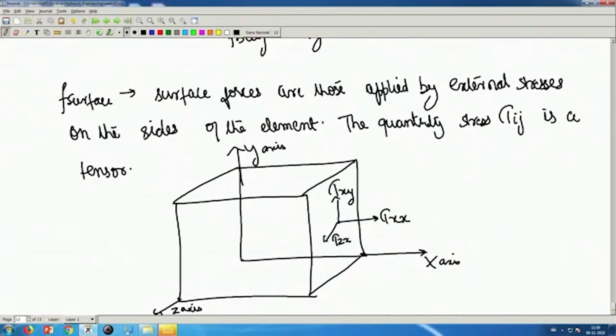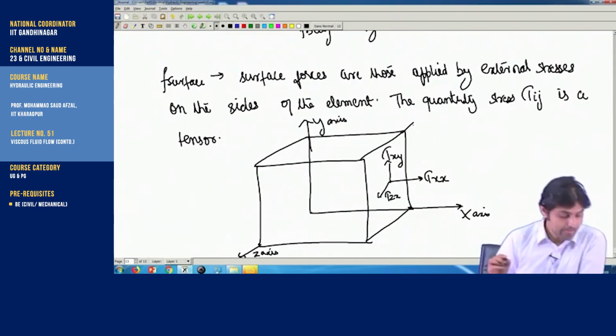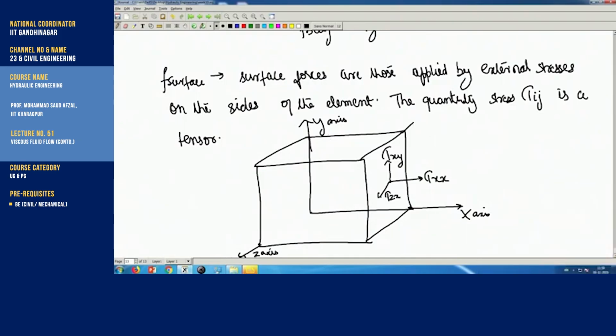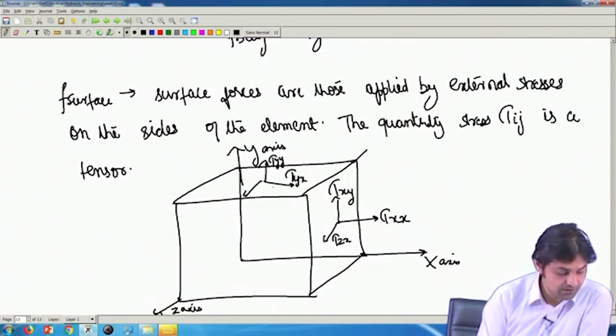Similarly on the y surface, the upside is going to be tau yy, this is going to be tau yx, and this side it's going to be tau yz.